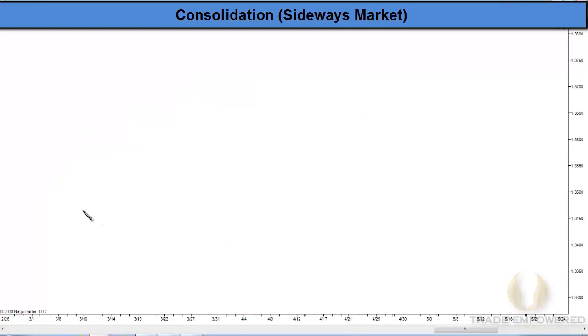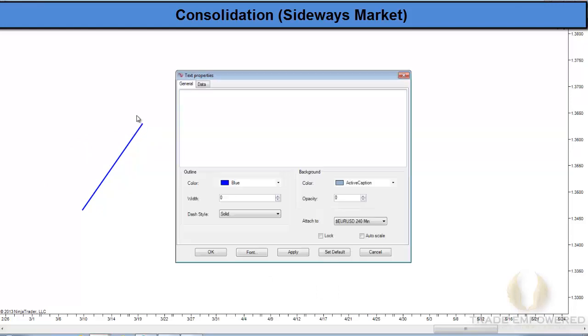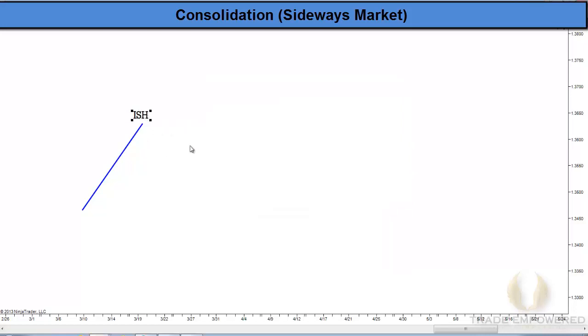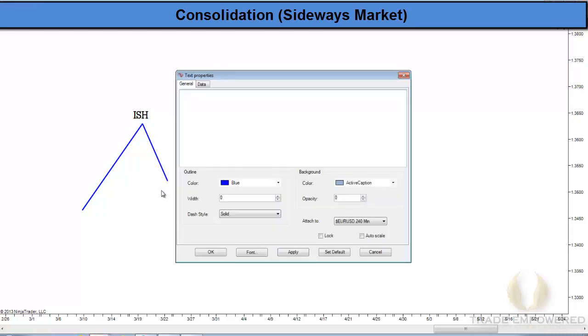We'll have our initial starting point and say create our initial structure high here. So ISH. We'll then get an outside return. We're going to label this O for outside return.